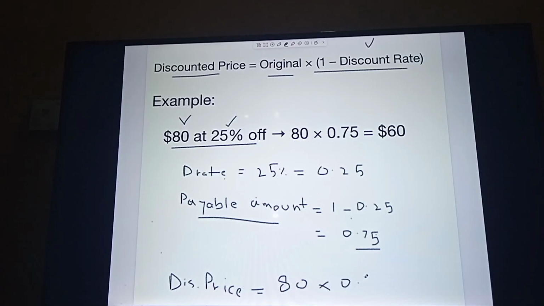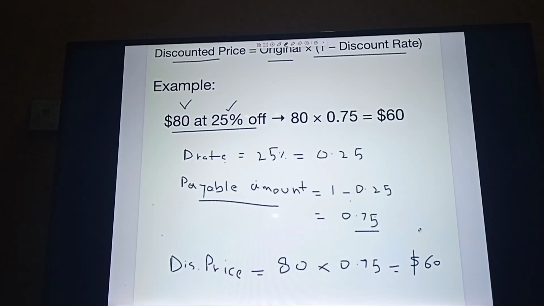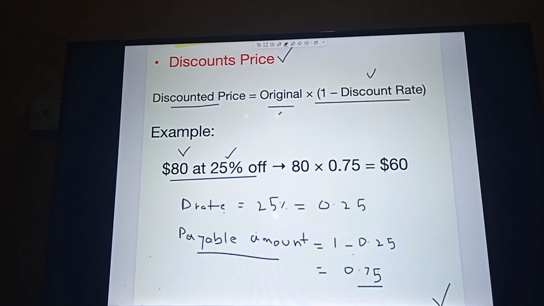So when you multiply this, we get $60. So the discount price is $60. If an item is of $80 and there is 25% off on it, then we have to pay $60 for it by using this formula.